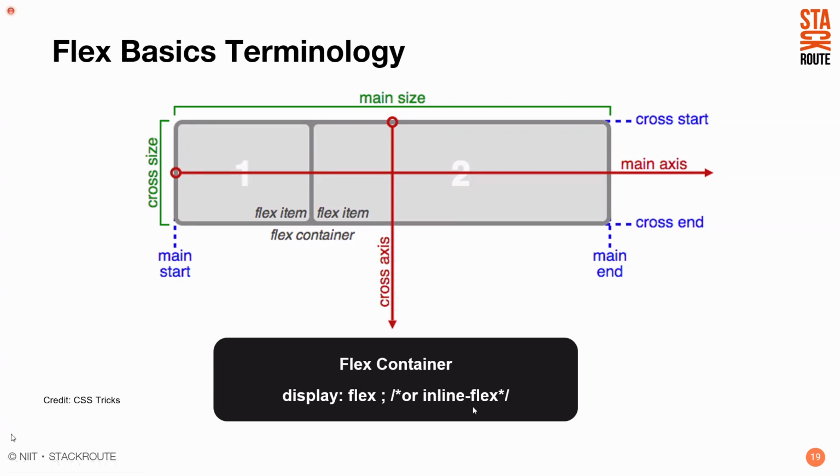Please look at all the property names: we have main size, cross size, main start and cross start. The X-axis is your main axis and the Y-axis is your cross axis. The outer div falls under the category flex container, and the inner div falls under the category flex items.